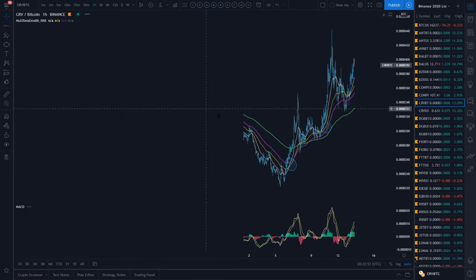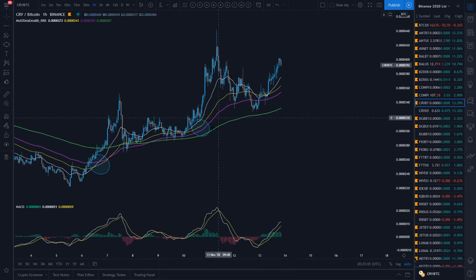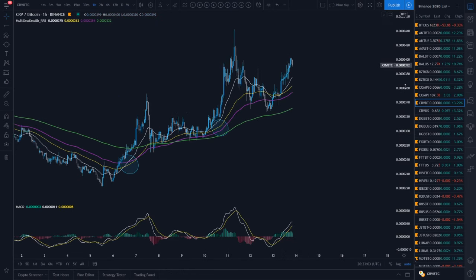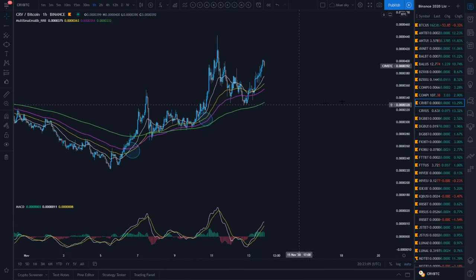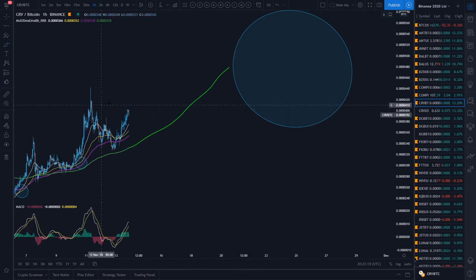But then you will see on the H1 it finds support on the same EMAs, and when the coin stops finding support on this EMA 200 on the H1 time frame, because it will stop finding support at some point, this EMA 200 will fail to be support for this coin. So the coin will break down, and this EMA also will trend down then.